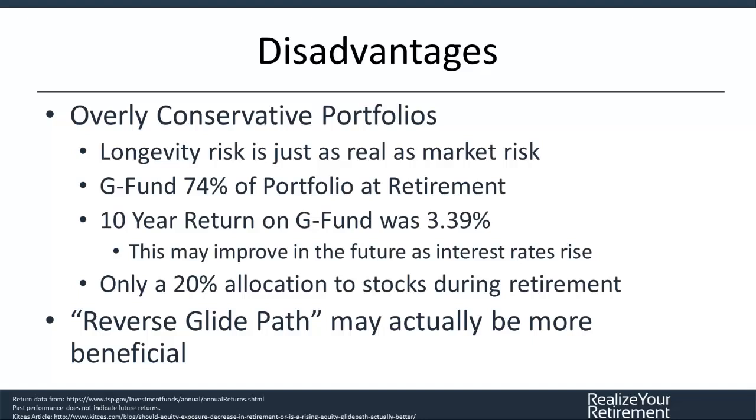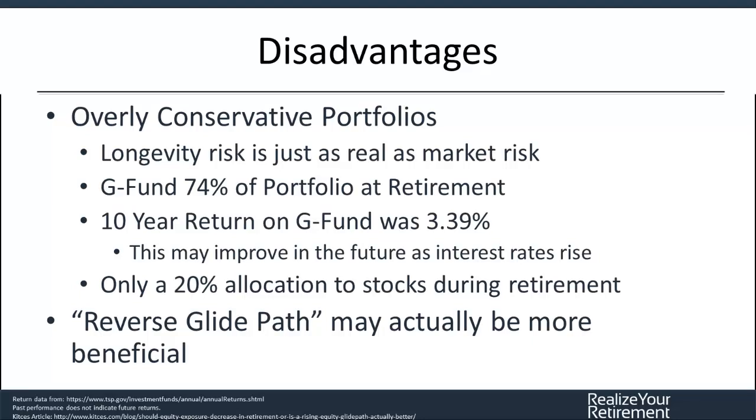They then do not replenish the cash portion of the account until it is depleted, leading to a scenario where the equity portion of the account, as it grows back, actually begins to dominate the allocation for the portfolio. This strategy, which is in direct opposition to the glide path strategy of life cycle funds, can actually be more beneficial in mitigating longevity risk for retirees than the currently used glide path of the life cycle funds.